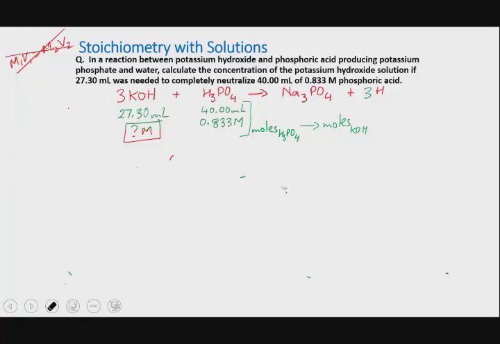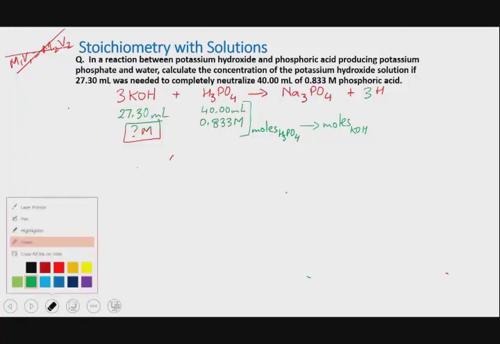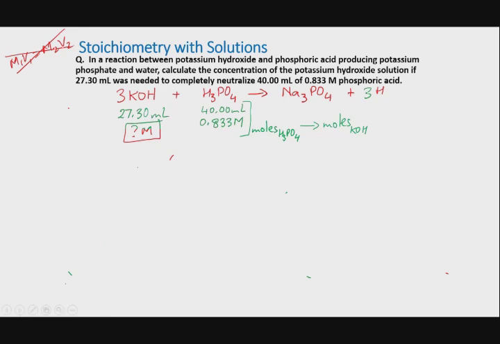Yes, and that's the whole idea of stoichiometry, the molar ratio part. And if we know the moles of potassium hydroxide and we know the volume of potassium hydroxide, can we calculate the molarity of potassium hydroxide? Exactly, we can.